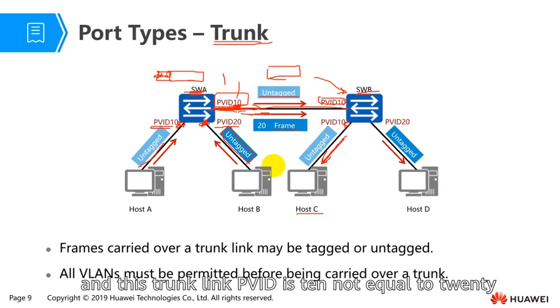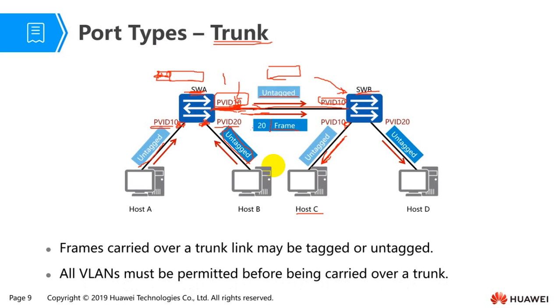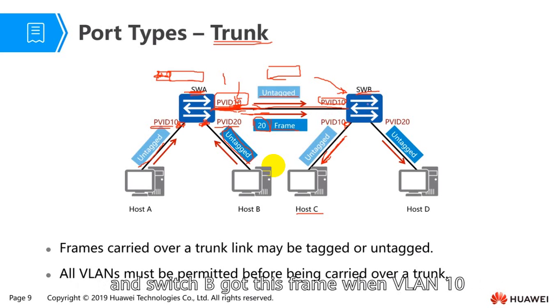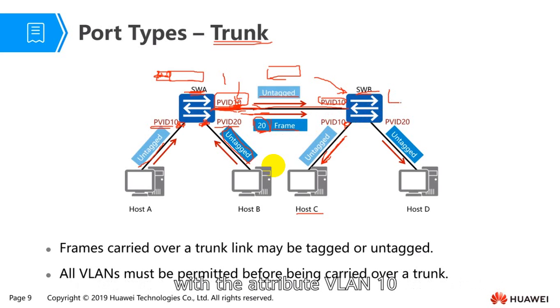This trunk link's PVID is 10, not equal to 20, so the tag of 20 is carried and sent to switch B. Switch B gets this Ethernet frame, sees VLAN 20, searches the MAC address table with that VLAN attribute, and sends out a certain interface. Okay, this is how the trunk interface works.